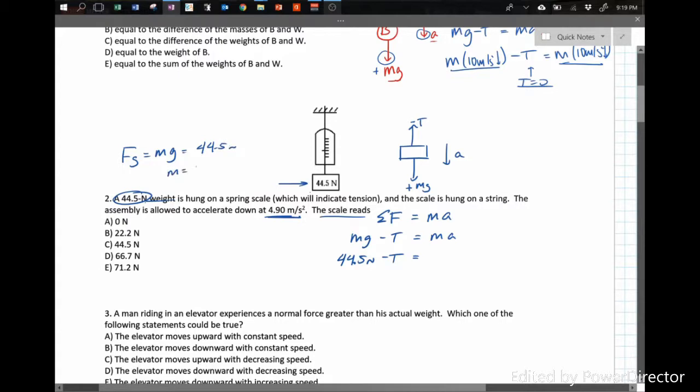So the mass is 44.5 newtons divided by 10 meters per second squared, giving me 4.45 kilograms as the mass of my object. 44.5 newtons minus tension equals 4.45 kilograms times 4.9 meters per second squared.